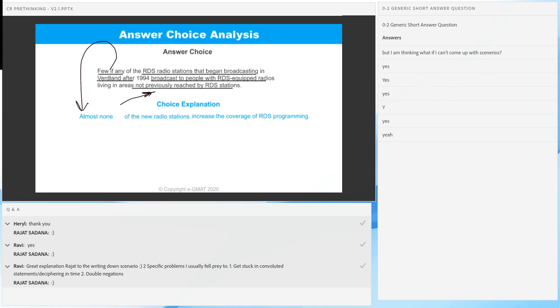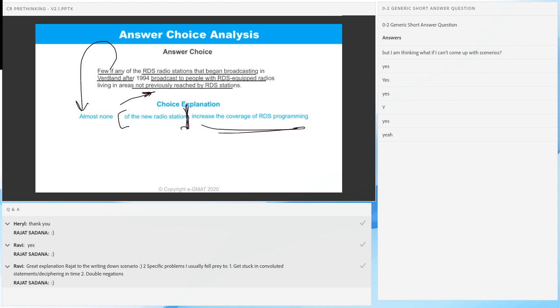Few, if any, means almost none. Of the RDS equipped radios that began broadcasting after 1994, these are the new radio stations. Broadcast to people with RDS radios living in areas not previously reached. That's the same as increasing the coverage of RDS programming.